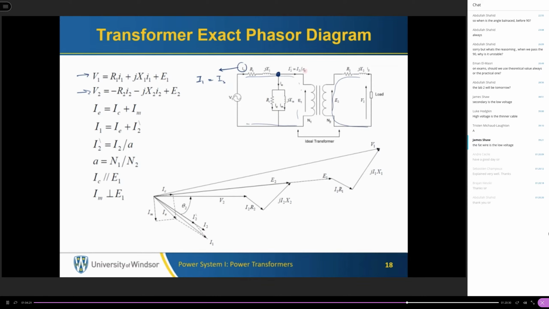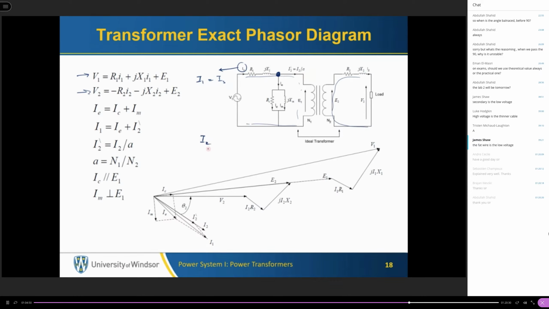What is I2 dash? I2 dash is the load current divided by A. So it is the image of the load current when it is transferred to the primary side, and we know that we can transfer the current from the secondary side to the primary side using the turns ratio.